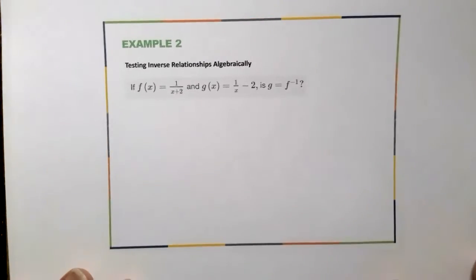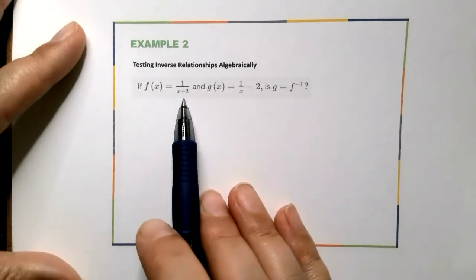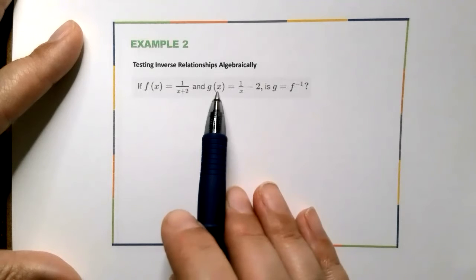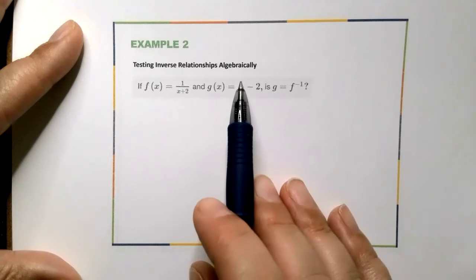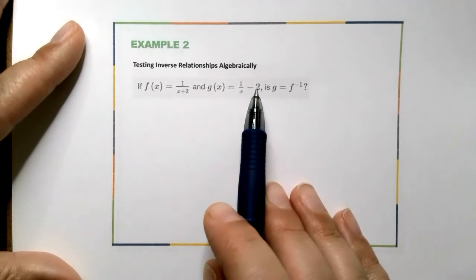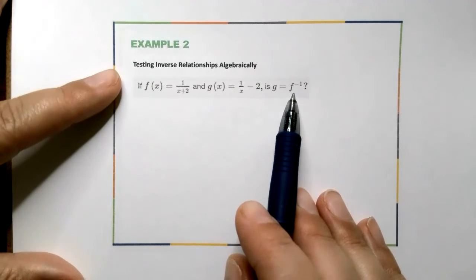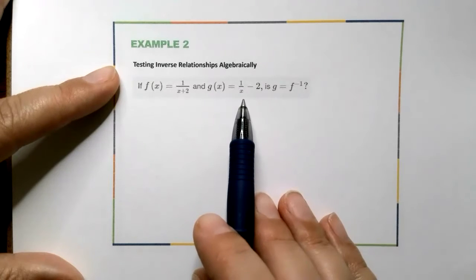Example 2. We have f of x as 1 over x plus 2, and g of x is 1 over x minus 2. Is g an inverse of f? Let's see. Which one would be easier here?